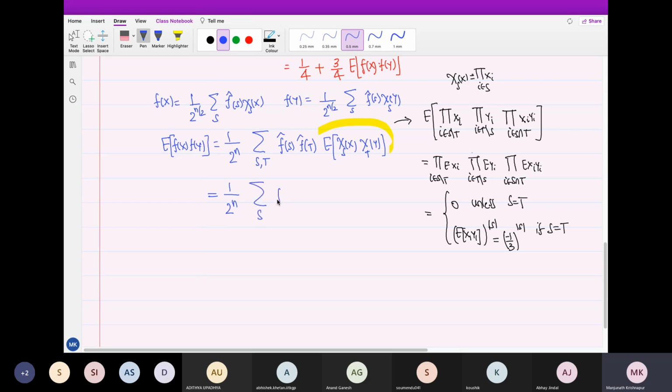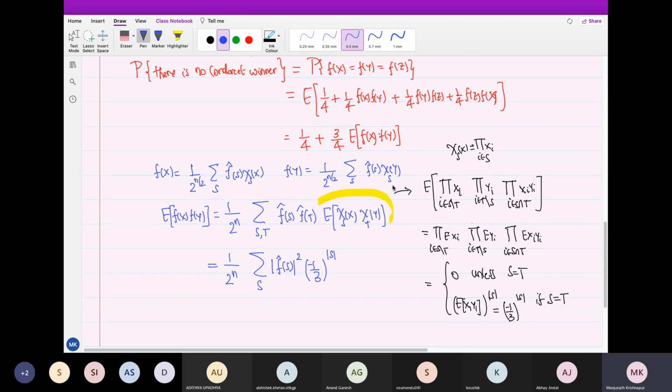So only over S, and then we get f hat of S squared, and then minus 1 by 3 raised to the power of cardinality of S. Okay, so now we have a Fourier expression for this probability.